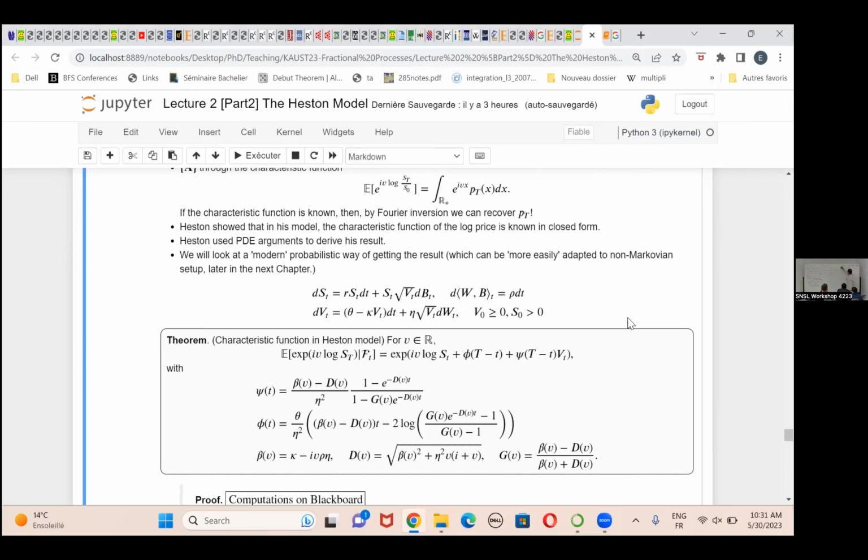This comes from the model, and so you can plug this in here, and so you will get plus key times minus 1/2 of v, and you have a Brownian motion here, a second Brownian motion correlated with the first one, times key.